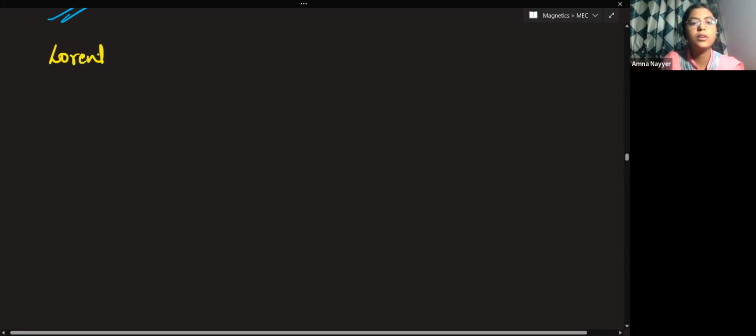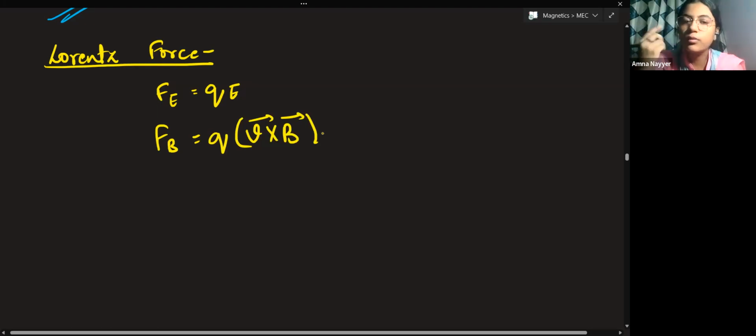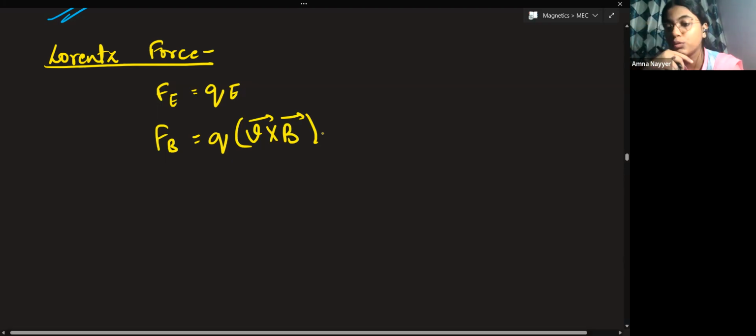When we put the charge in an electric field, we get the force as Q multiplied by E. When we put the charge in a magnetic field, the magnetic force that we get is Q V cross B. Now, Lorentz force says, what if both the fields exist simultaneously? Then which formula would you use, the electric or the magnetic?